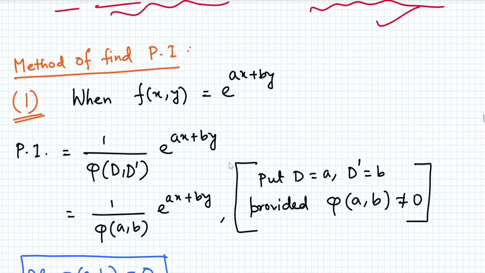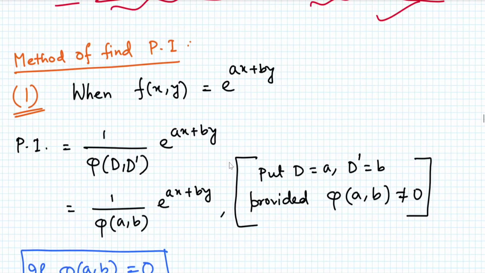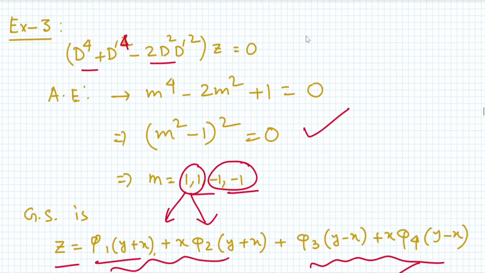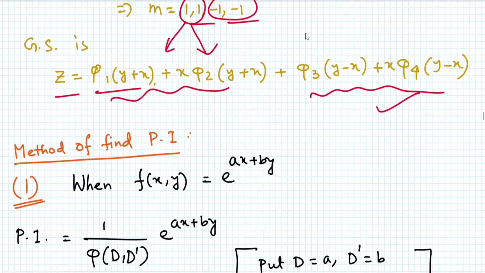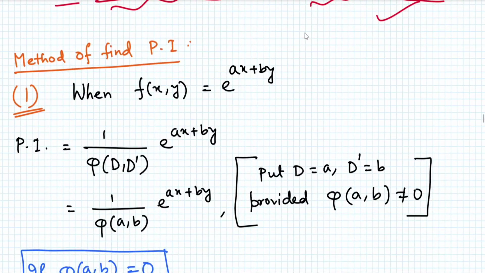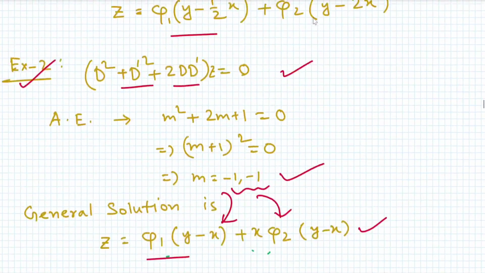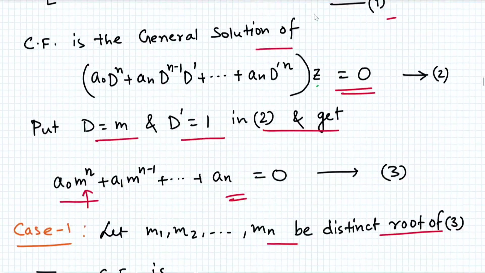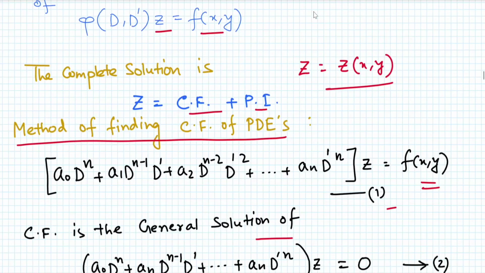Now the method to find the particular integral, method number 1, depends upon the function on the right hand side. This function f(x,y), depending on it, different types of PDE give different types of particular integrals.